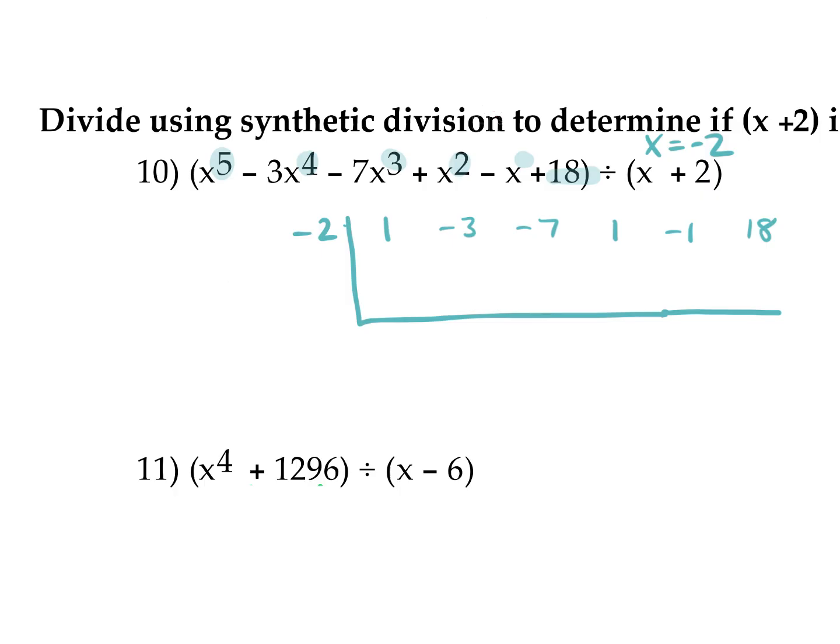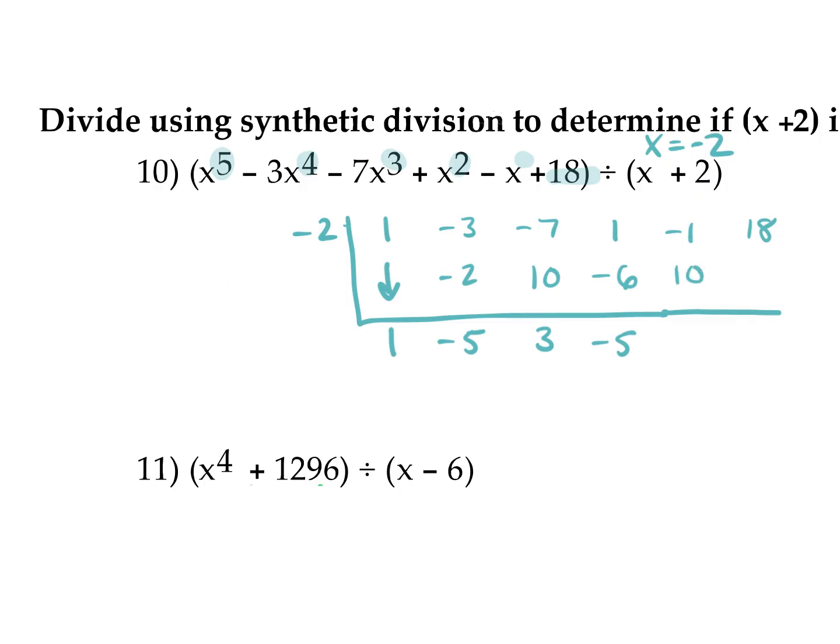Just like we did for long division, be super careful with your signs here. Be super careful with the little math. I'm going to drop down the first number, multiply on the outside. We get negative 2, add on the inside, negative 5. Multiply, this would be positive 10. Add, we get 3. Multiply, negative 6. Add, negative 5.